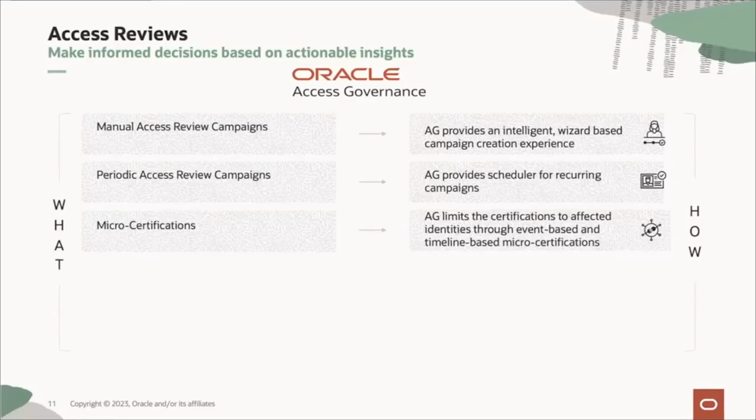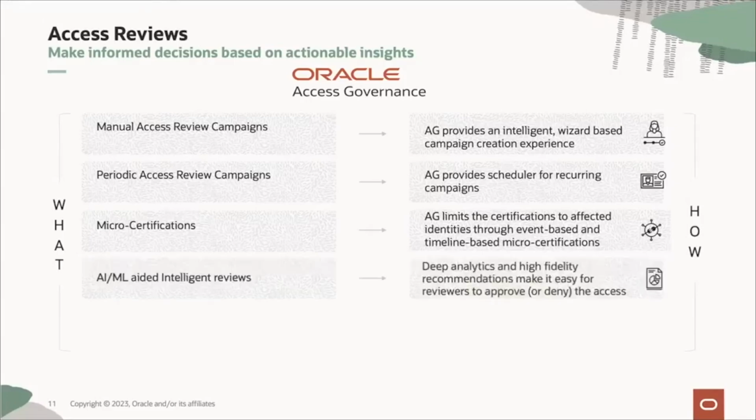This micro certification reduces the load on the people and improves the efficiency of the certifications. In all these scenarios, we ensure that technology comes to the aid of the approvers, where we provide deep analytics and make it easy for a person to approve or deny.